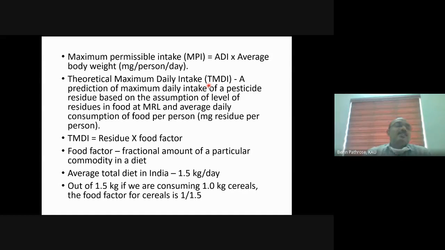We have told one term for dietary risk assessment, that is theoretical maximum daily intake. I'm stopping sharing and I will share my entire screen, and who will be willing to share your yesterday's diet?